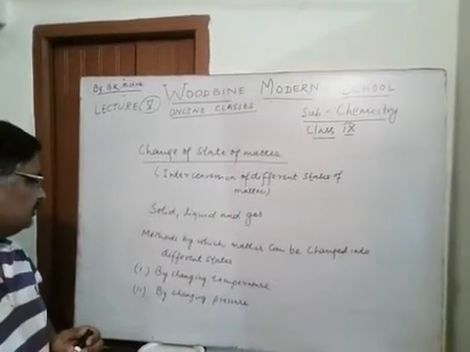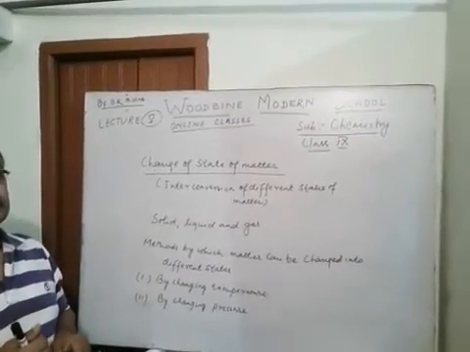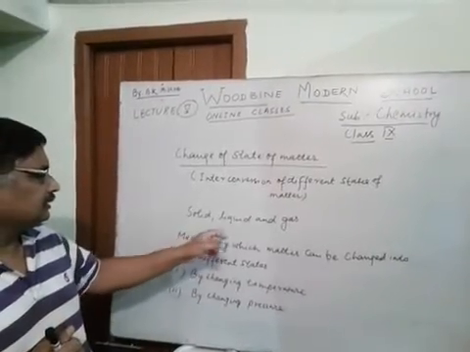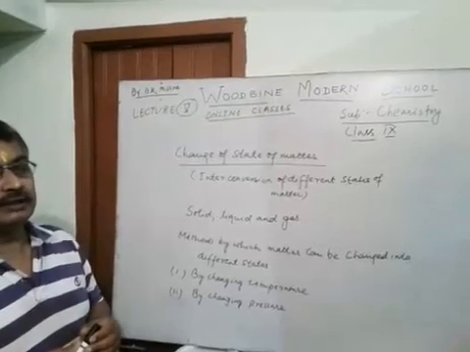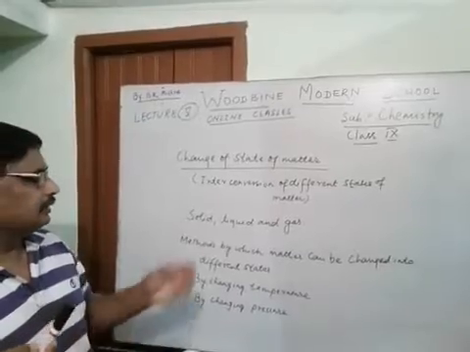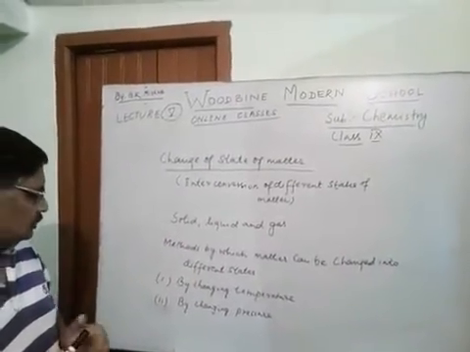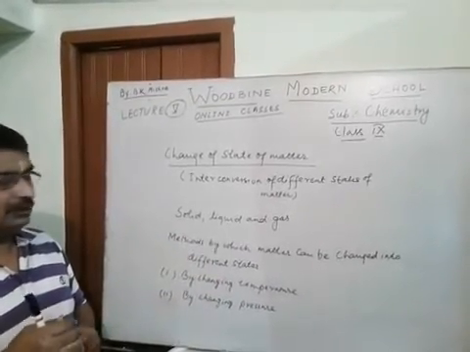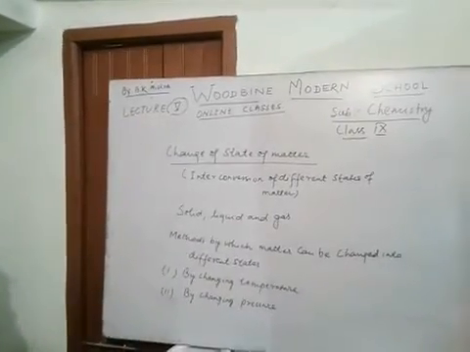Now what is the temperature at which liquid water becomes solid? That is 0 degrees Celsius, and at room temperature it remains as liquid, and when we boil this liquid at 100 degrees Celsius, that is by increasing the temperature, it changes into gaseous vapor. Now by changing temperature, solid converts into liquid, and when we give more heat energy, it converts into gaseous state.